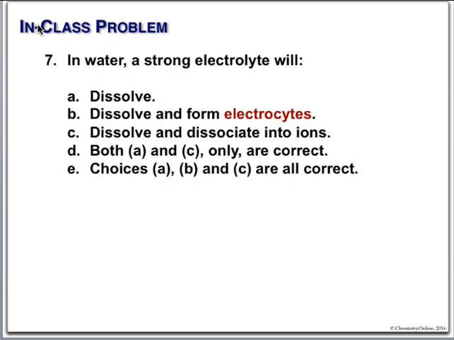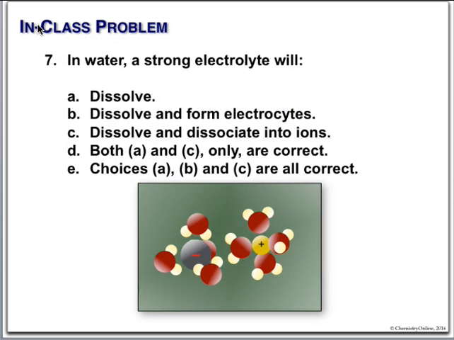So, it's got to dissolve, and it must form ions. Remember, ions in solution are the things that allow conductivity to happen. A and C are both correct. It must dissolve, it must form ions.